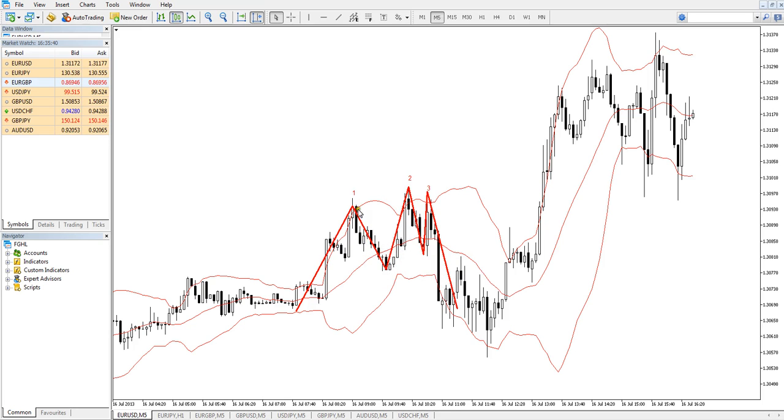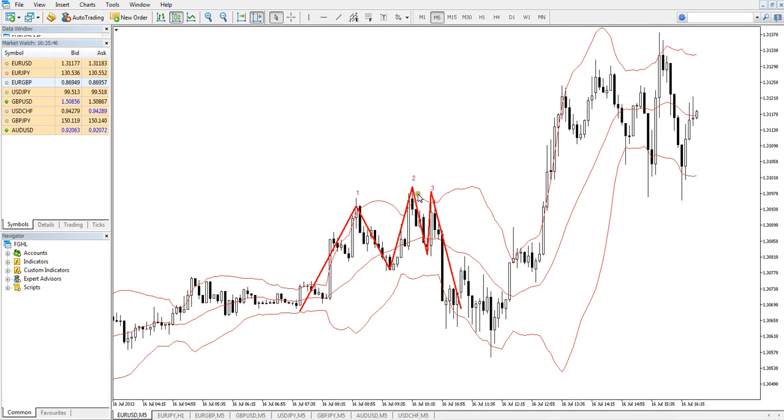The first trough is the lowest point between the first shoulder and the head, and the second trough is the lowest point between the head and the third shoulder. Really, that's it. So we're just going to draw them up. The first trough is here, and the second trough is there. I'm just going to extend it. So trough number 1, trough number 2, connected by a neckline. I'm just going to confirm that line there.